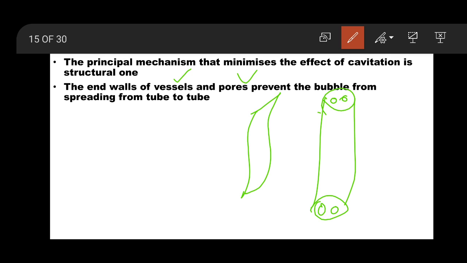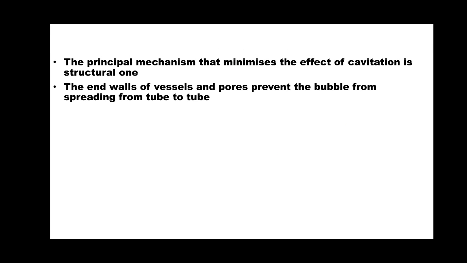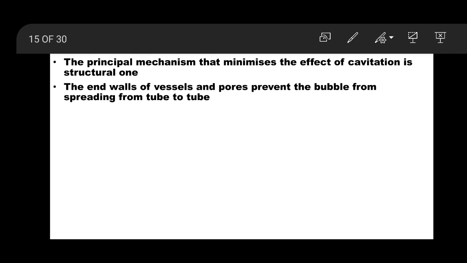They prevent the bubble from spreading from tube to tube. So when a bubble is passing through a xylem vessel, these pores block the movement of the air bubble. Embolism is blocked there, and the spreading of an air bubble from one xylem element to another is prevented.